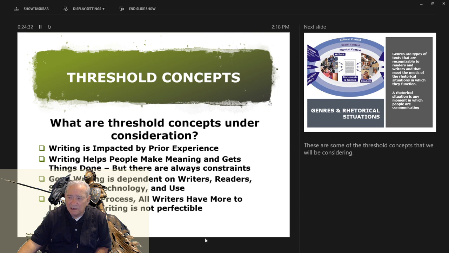How is our writing impacted by prior experience? How does it help us create meaning to get things done? There are always some constraints when it comes to writing, for example, and we'll look at some of those.